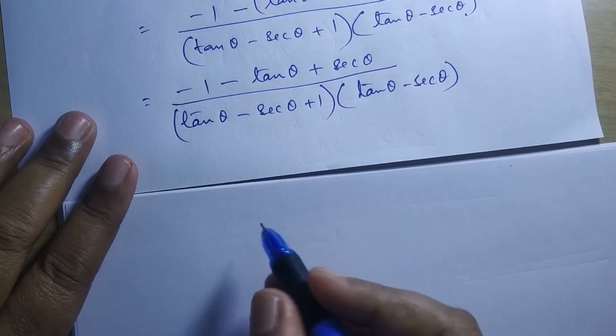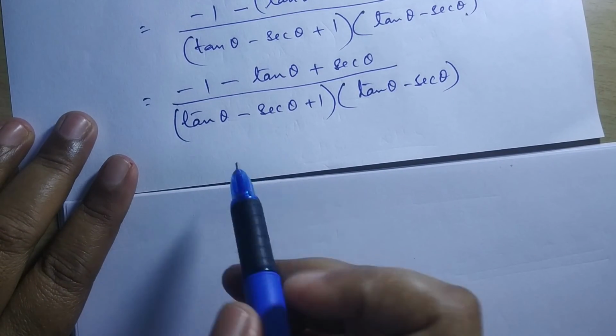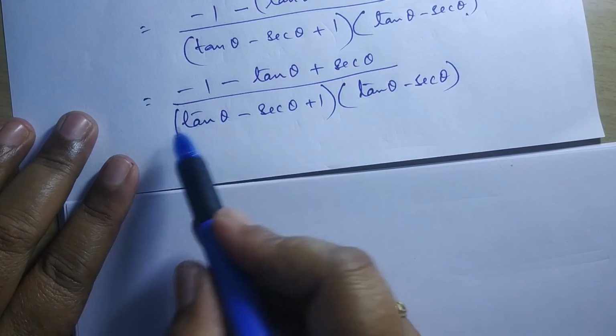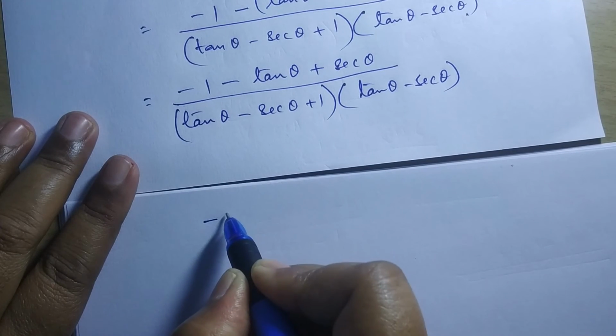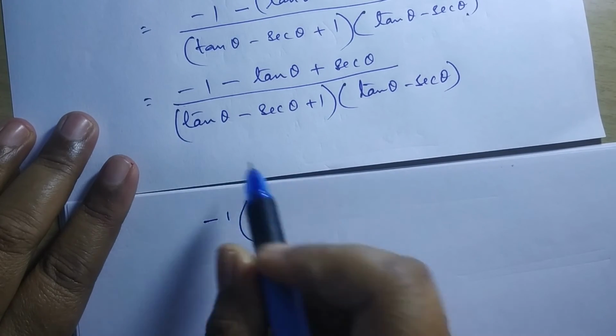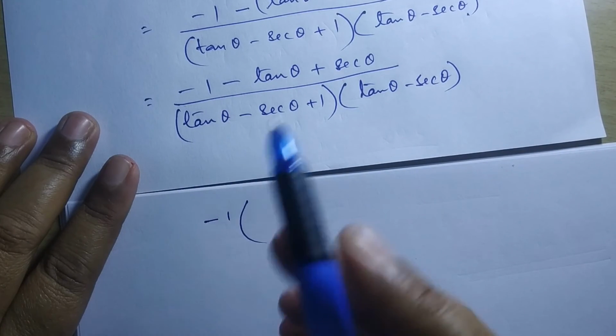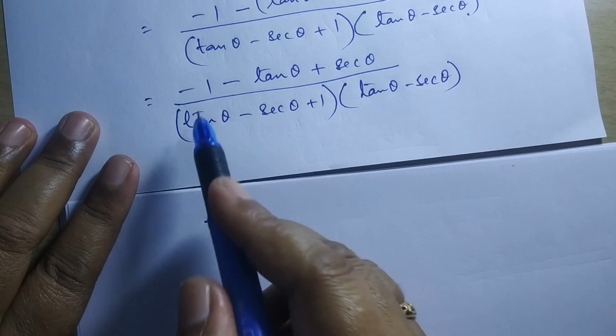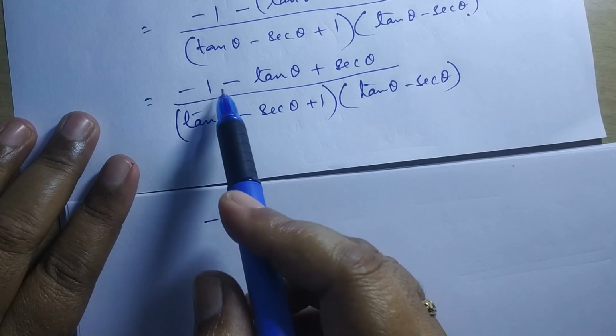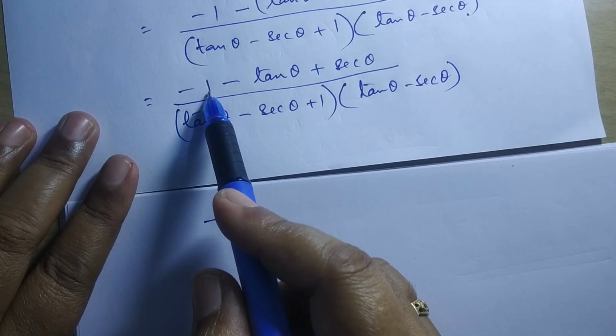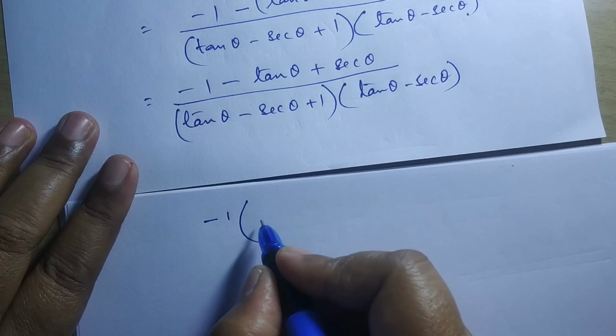Fine. So now you can see, from here, what do we have? Suppose I take minus 1 common. If I take minus 1 common, what do we get over here? It will be plus 1.